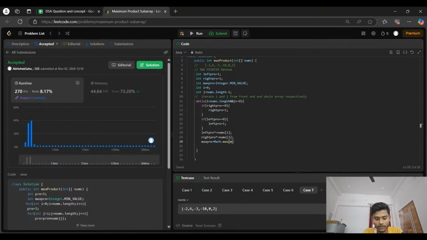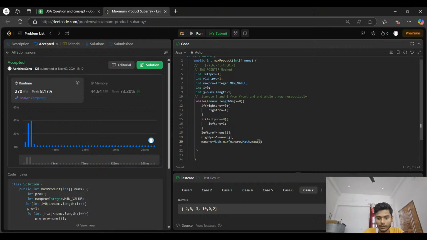I use it as both, right? You also know that max pro behind it. Dot max, right?